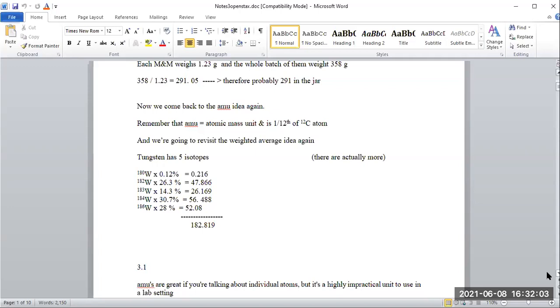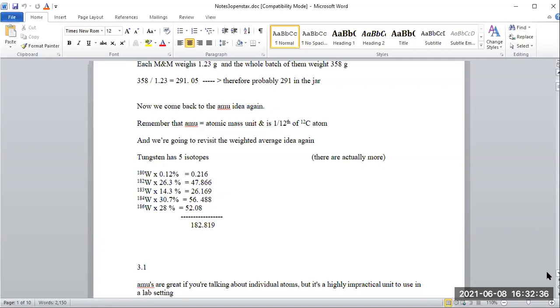If I multiply 182 times 0.263, I get 47.866. Looking further down the line, I get 26.169, 56.488, 52.08. One of the things that is always true in weighted averages is there is no division step.